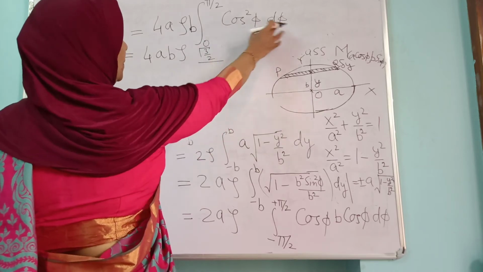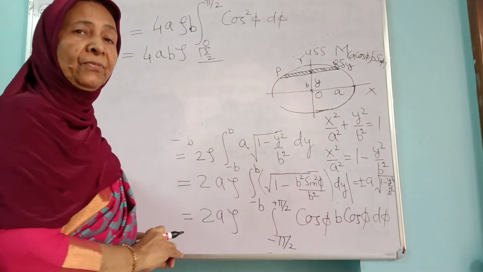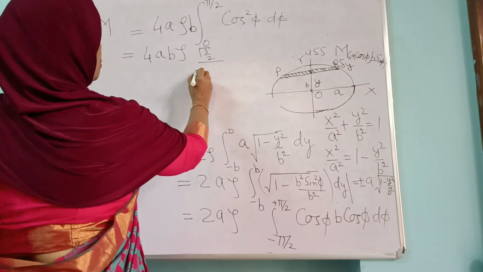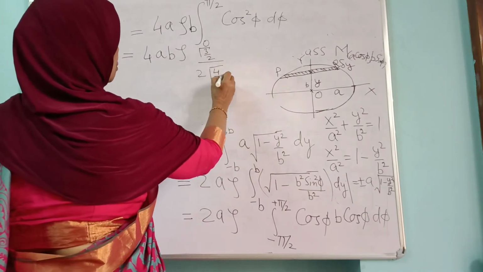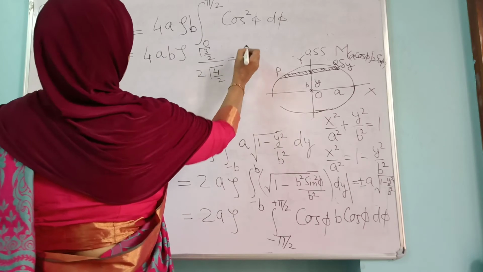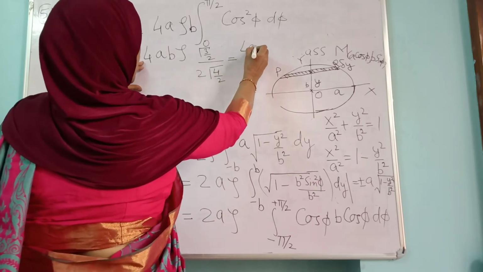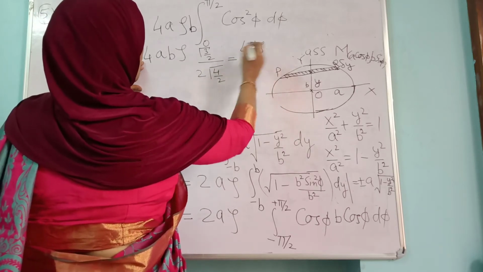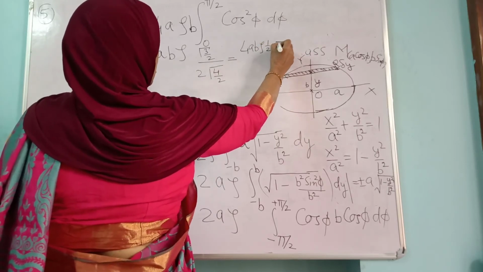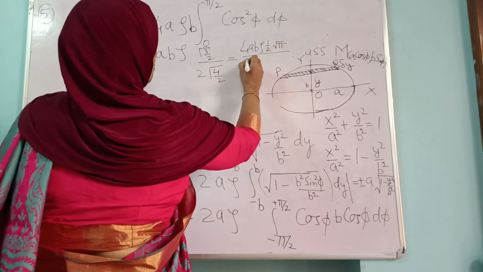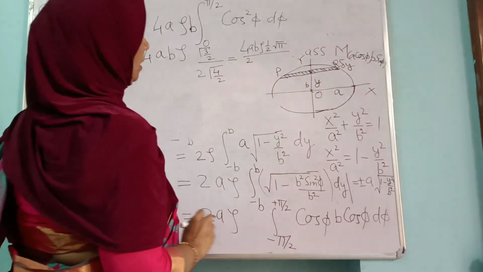It will not come because there is no power of sine, and then 2 gamma (m plus n plus 2) by 2. So this is 4ab rho, 1 by 2 root pi, divided by 2. That's all.